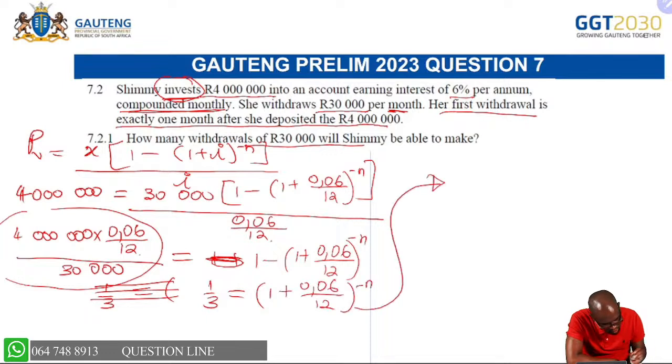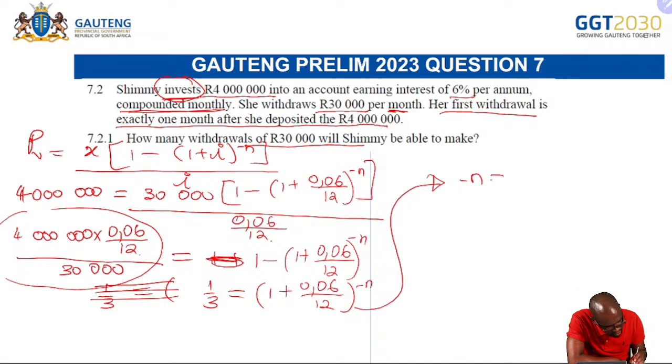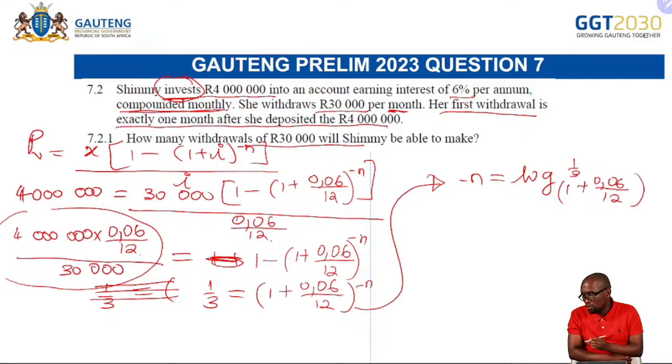We can continue with it here. We convert that to log form. The number is a third, and the base would be 1 plus 0.06 divided by 12. So that's how we convert that to logarithmic form.